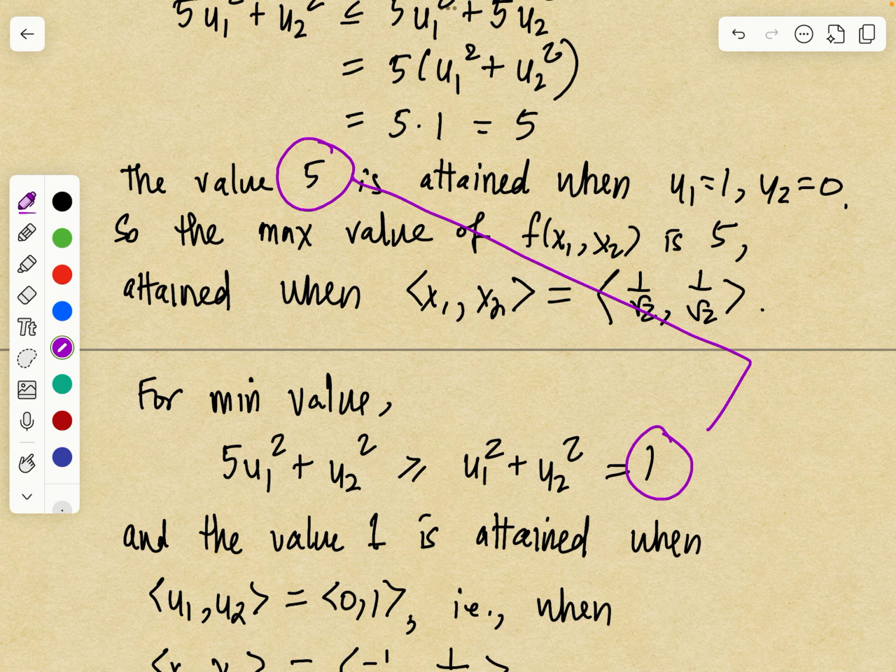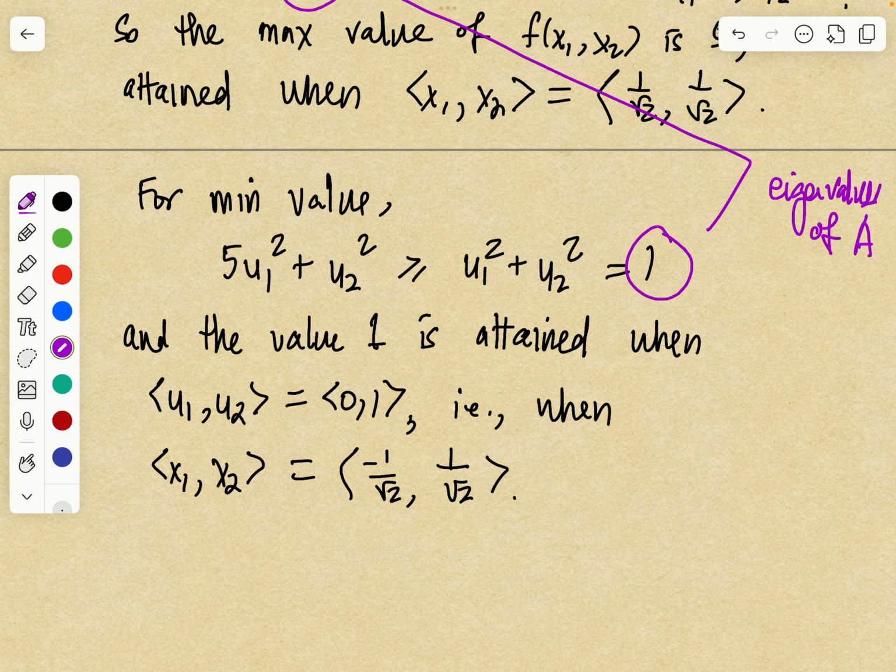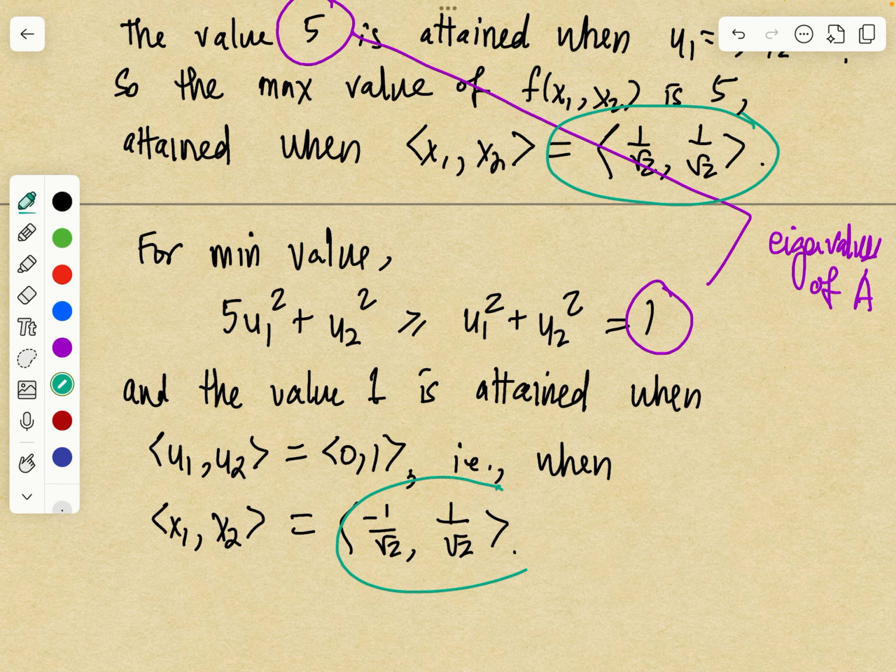These were the eigenvalues of A. And the x1, x2 in which these max and min values were obtained, these were the eigenvectors that we found, the unit eigenvectors of A. So this leads us to a new way of thinking about eigenvalues and eigenvectors, and we're going to explore this more in the next video. Okay, thanks.